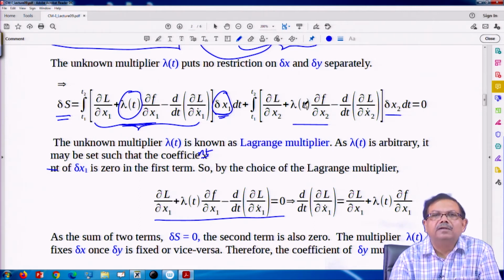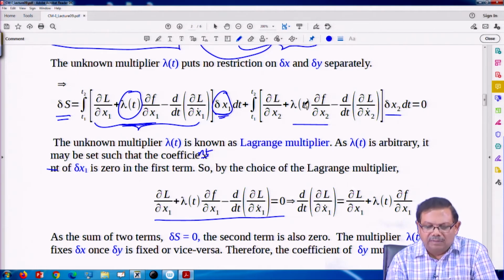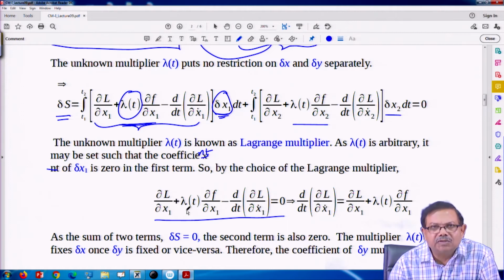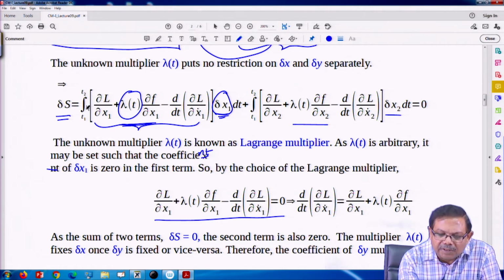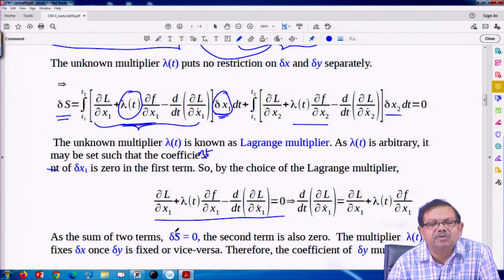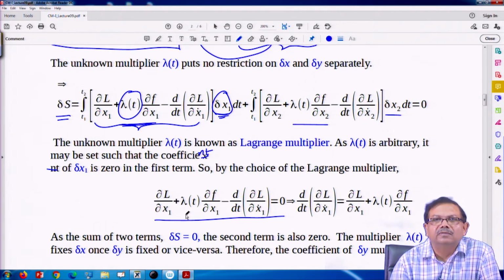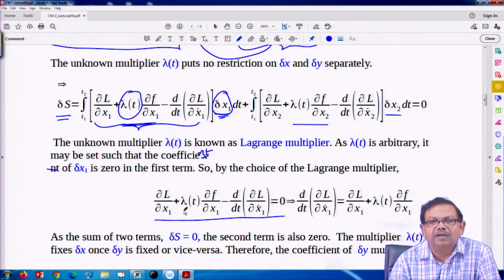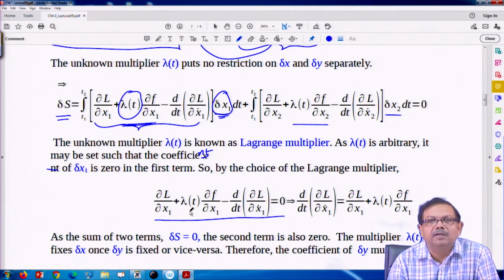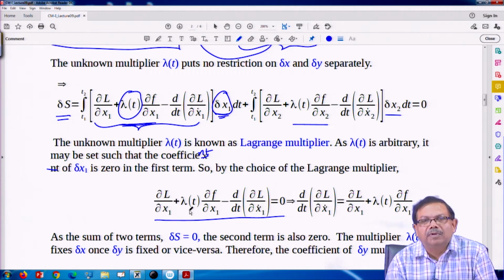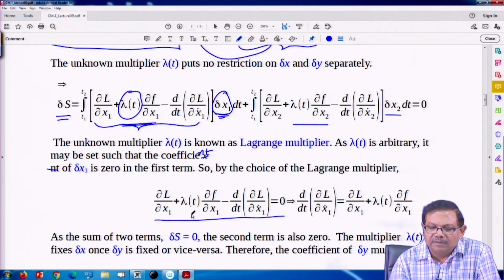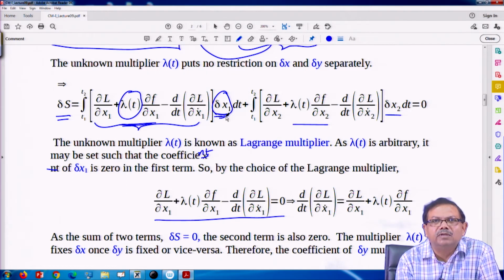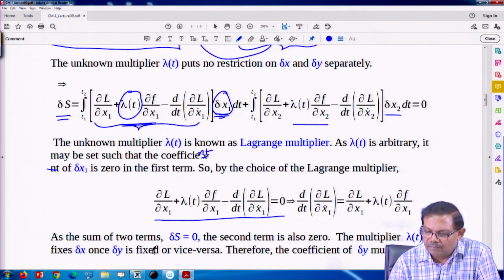Here we have added some arbitrary number, and now we must choose a value so that this part of the integral, everything in the square bracket, becomes 0. We still do not know what its value is, but theoretically we assume it has been given a suitable value such that the coefficient of delta x 1 becomes 0.